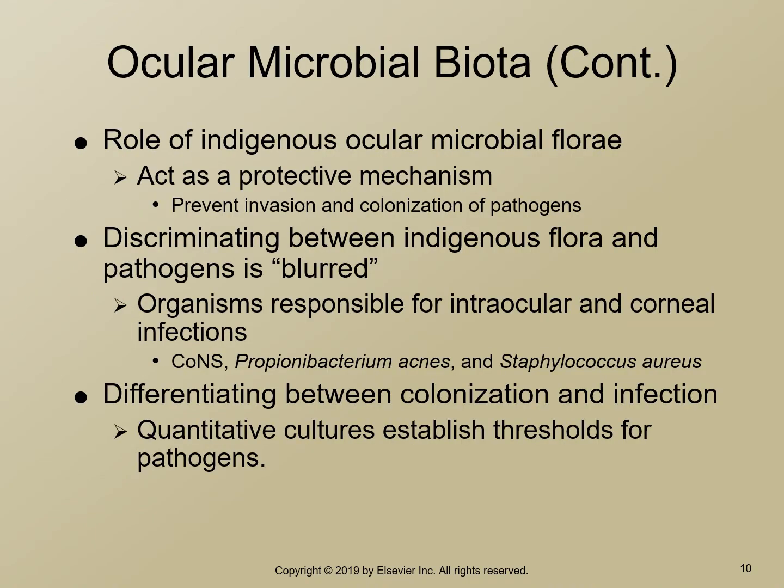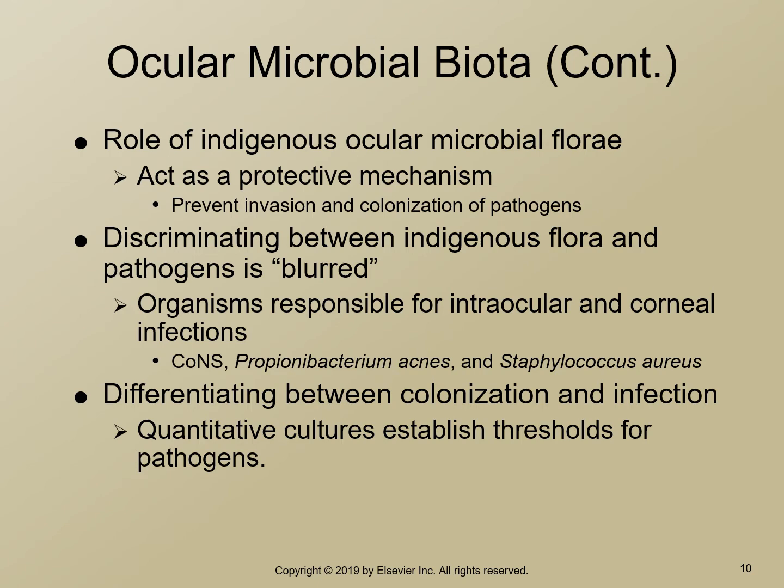As mentioned before, normal flora of the eye act as a protective mechanism because they aid in preventing invasion and colonization of pathogens. Discriminating between the normal flora and pathogens is blurred with ocular biota, because organisms responsible for intraocular and corneal infections also include some of the organisms that can be considered normal.